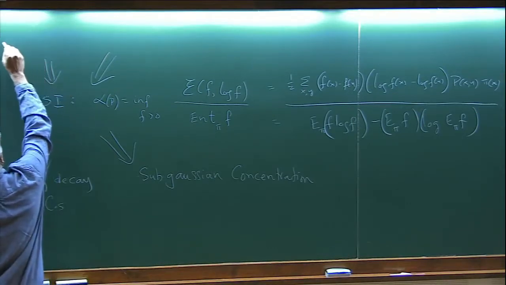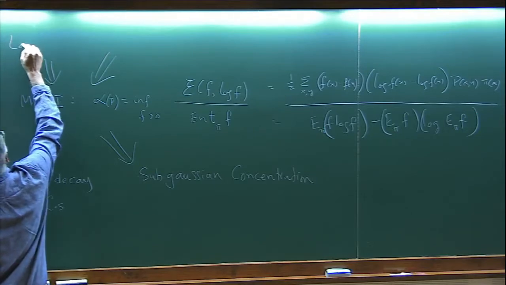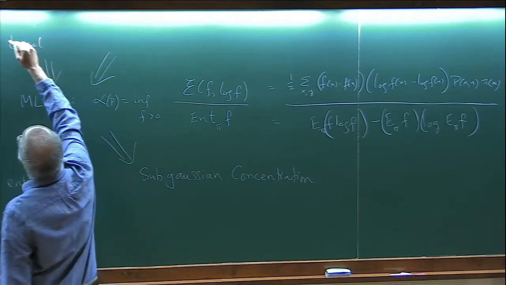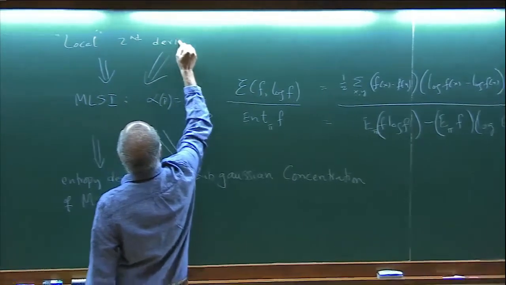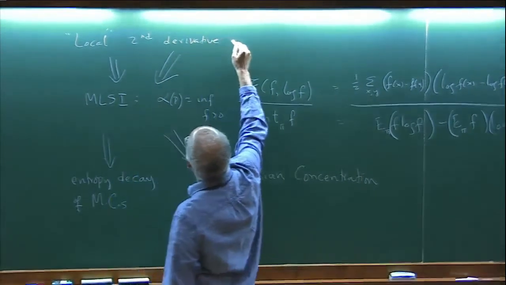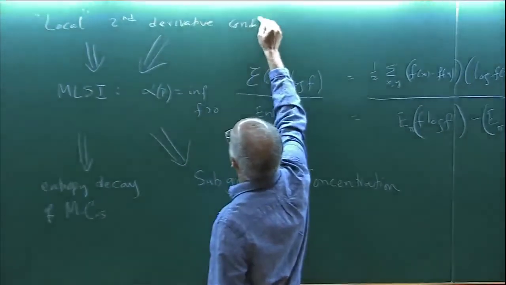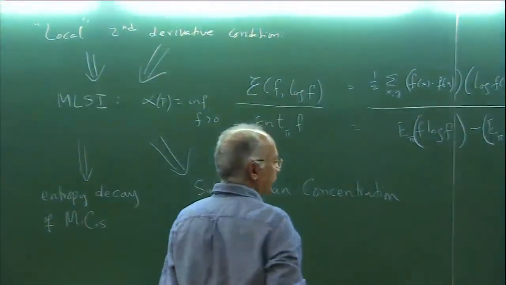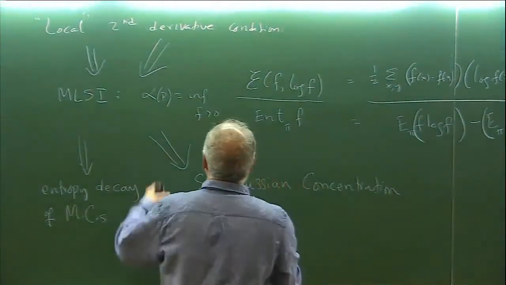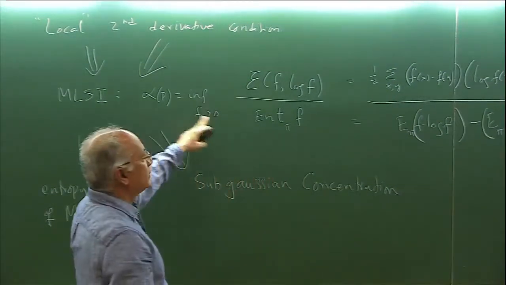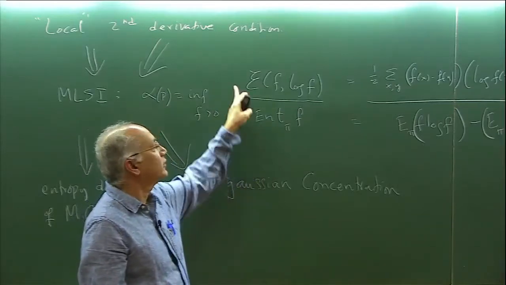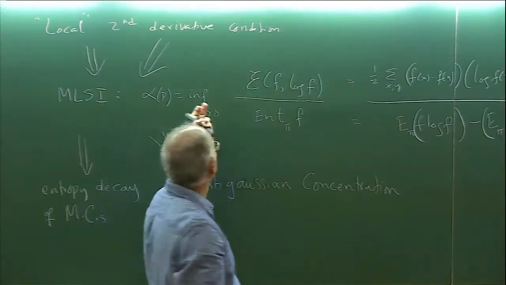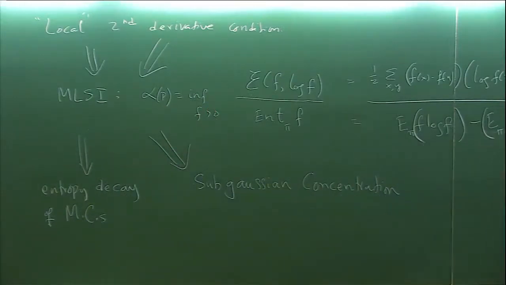And there's a second, let me say, a local second derivative condition, known as the Bakry-Emery criterion. Second derivative, because we already saw this was inspired by taking the time derivative of entropy. The time derivative of entropy is equal to minus the Dirichlet form, and that's what gave us the definition of alpha. So you can take the second derivative. That's the point.